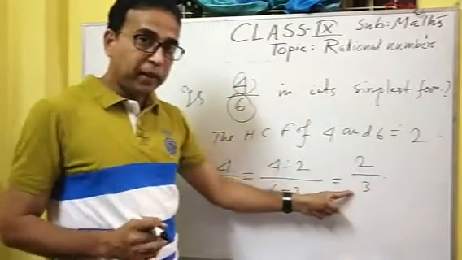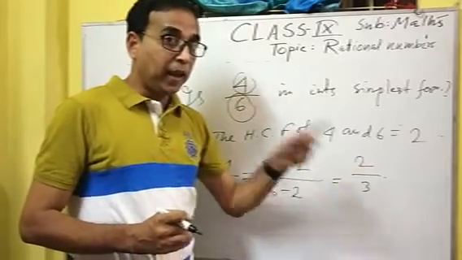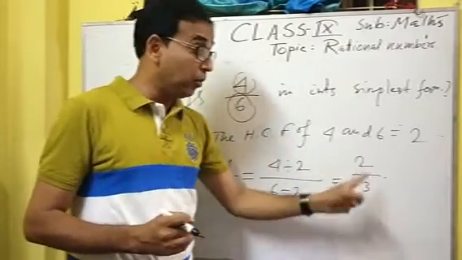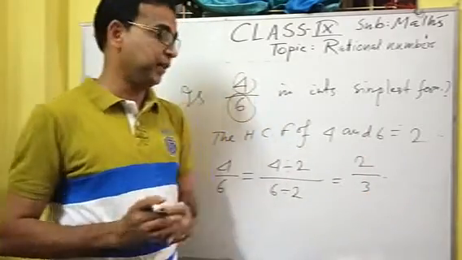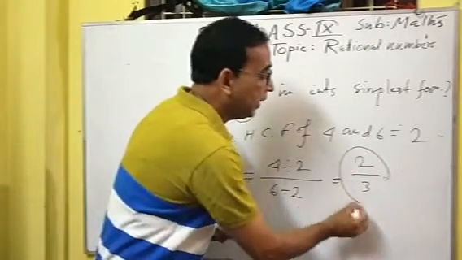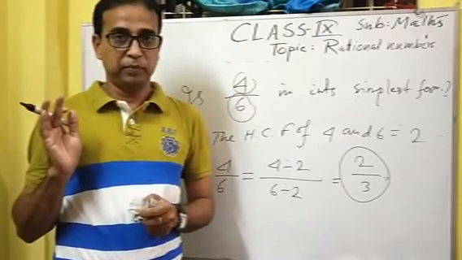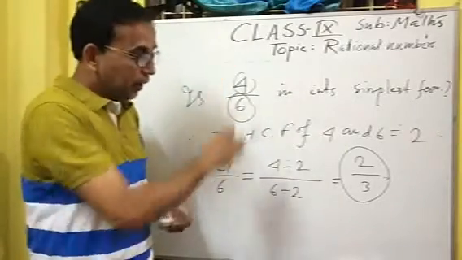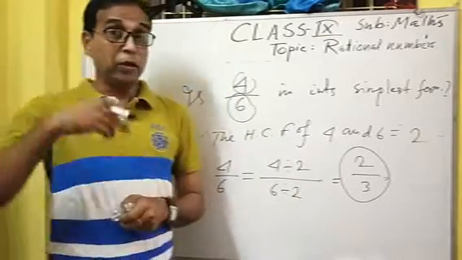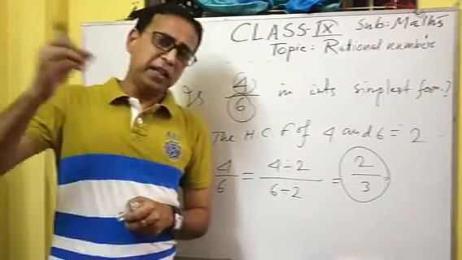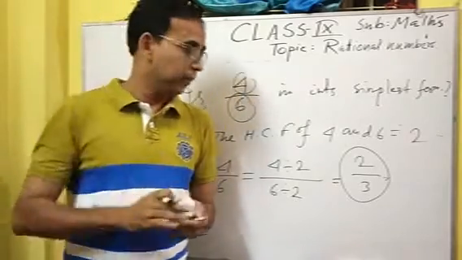In 2 by 3, the integers 2 and 3 have no common factor other than 1. So we can say that 2 by 3 is in its simplest form. In this way, we can convert any rational number to its simplest form.